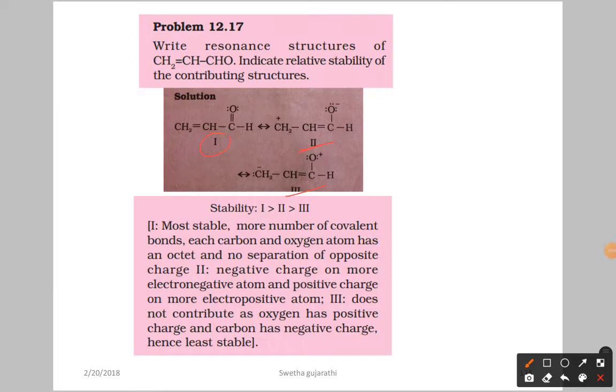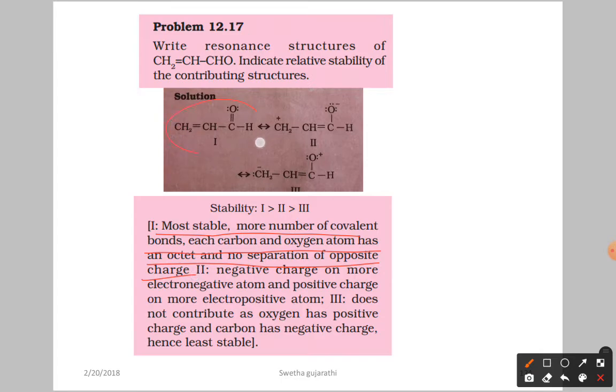Now among these structures, this first one is the most stable. Why? Because, as we already told, the most stable structure should have the octet. The order is: the first is most stable, then the second, and the third is the least stable. Let me discuss why this order. The most stable has more covalent bonds, each carbon atom and oxygen atom has an octet, and there is no separation of opposite charges.